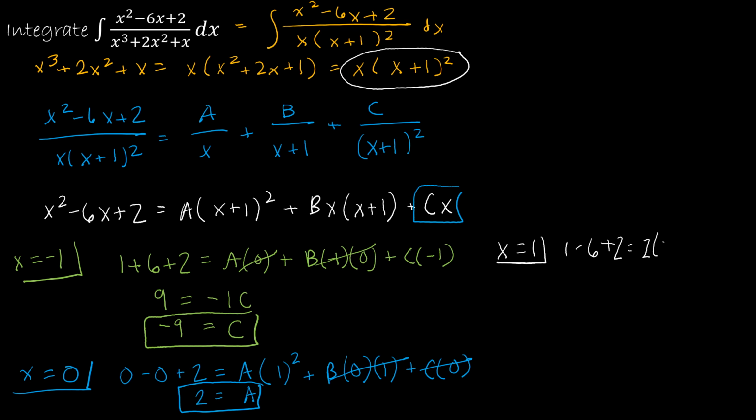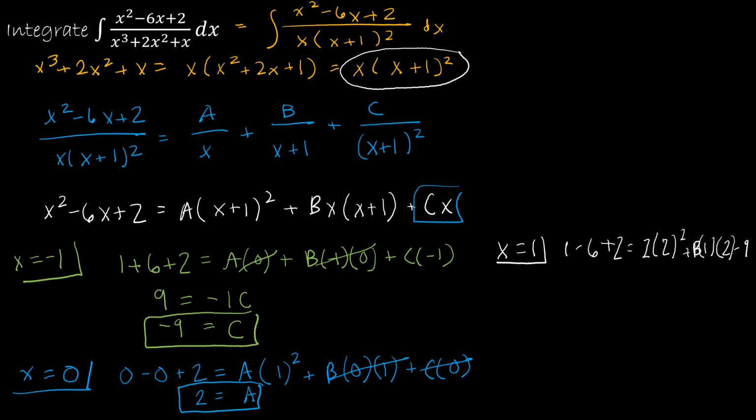X was 1, so 1 plus 1, so 2 squared, plus b times 1 times 1 plus 1, plus c times 1, and c is -9, so -9 times 1 is -9, or I'll just write -9. Sorry, I'm all shoved in the corner over here.